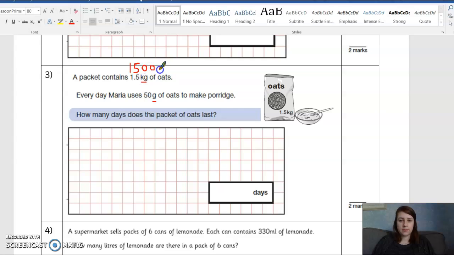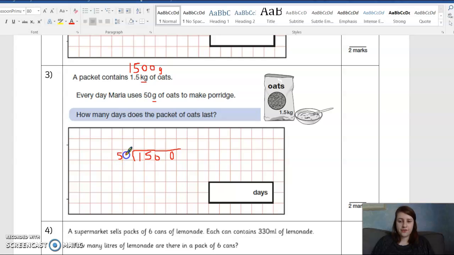So in 1.5, I know that it is 1,500 grams. So now I've got a packet contains 1,500 grams of oats, and every day Maria uses 50 grams of oats to make porridge. How many days does the packet of oats last? Now for this question, we need to do a division because we are taking our 1,500 grams and we are dividing it by 50.